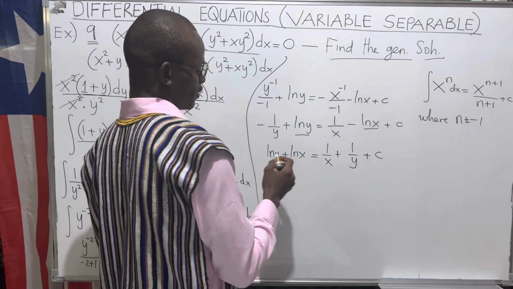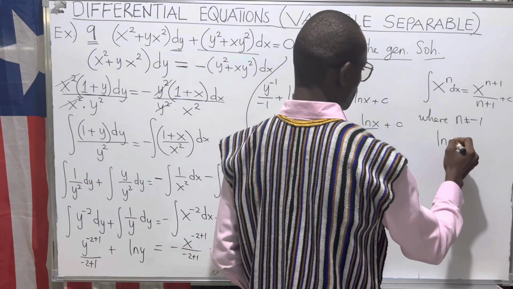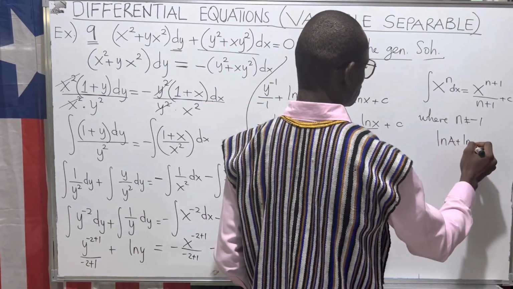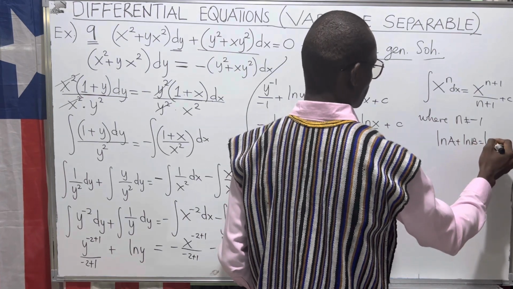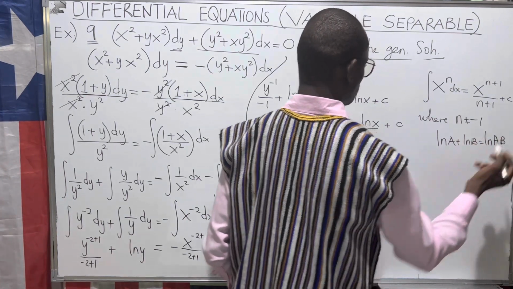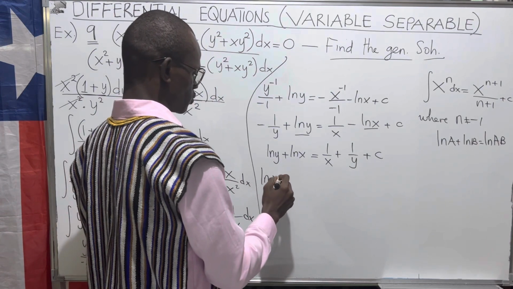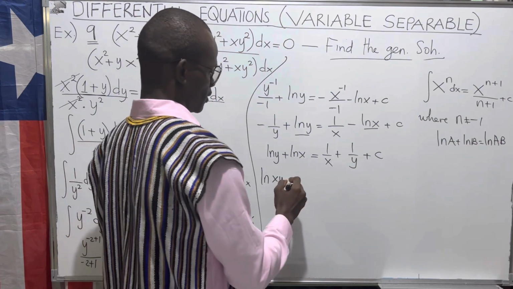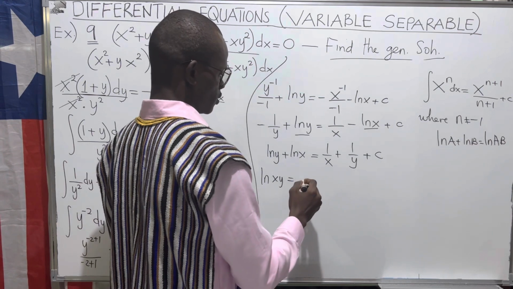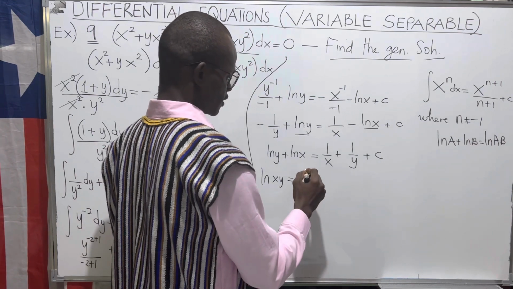So this ln of a plus ln of b is equal to ln of a times b. So this can just be the ln of xy, that's equal to 1 over x.